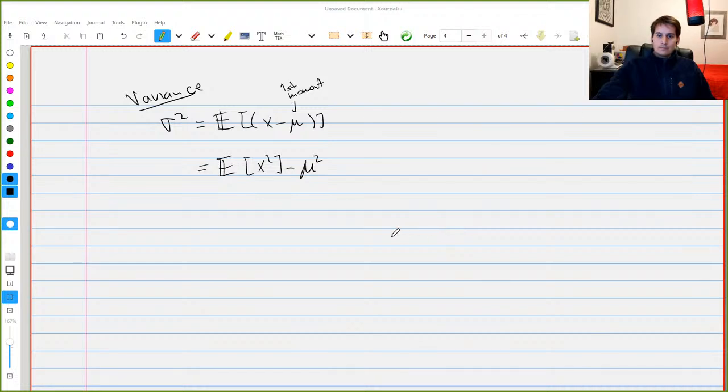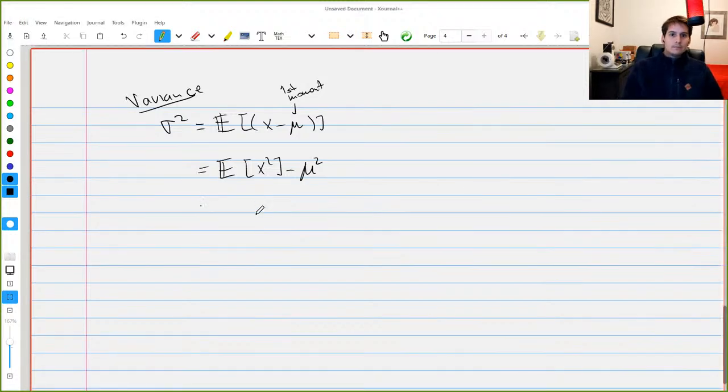You could expand the expected value by the function. Oh, I forgot to put a square. So basically what you're telling me is that I should do the square inside?